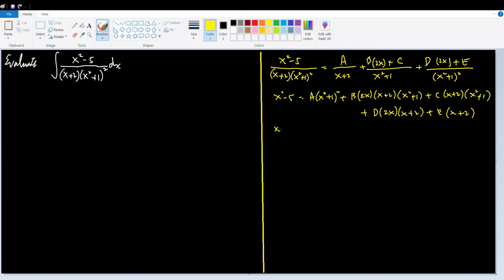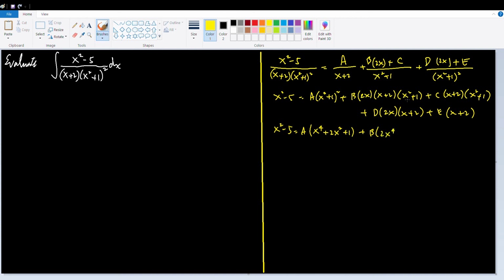So x squared minus 5 is equal to a. Expand this to x raised to 4 plus 2x squared plus 1 plus b. Well, we have here x times x squared is x cubed. So 2x to the 4th.